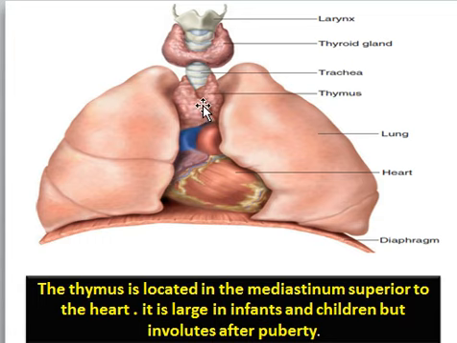The thymus secretes thymosin, which is important for the maturation of lymphocytes, which are produced in the bone marrow but mature here in the thymus.